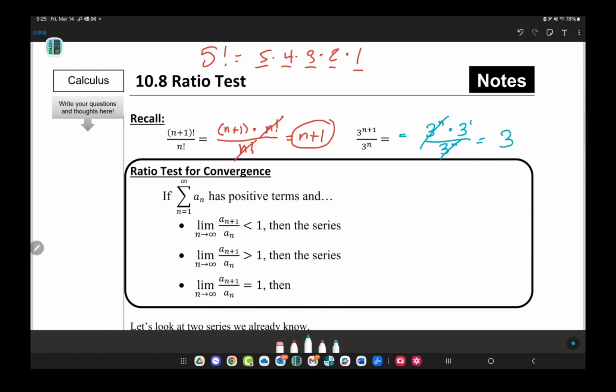You couldn't do that before because you're adding. If it was x squared plus 2 over x squared, you can't do that. But if you're multiplying, you could.